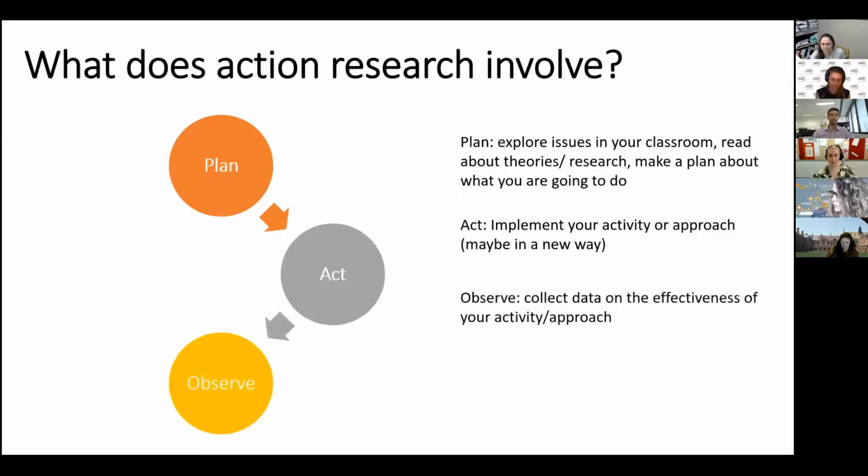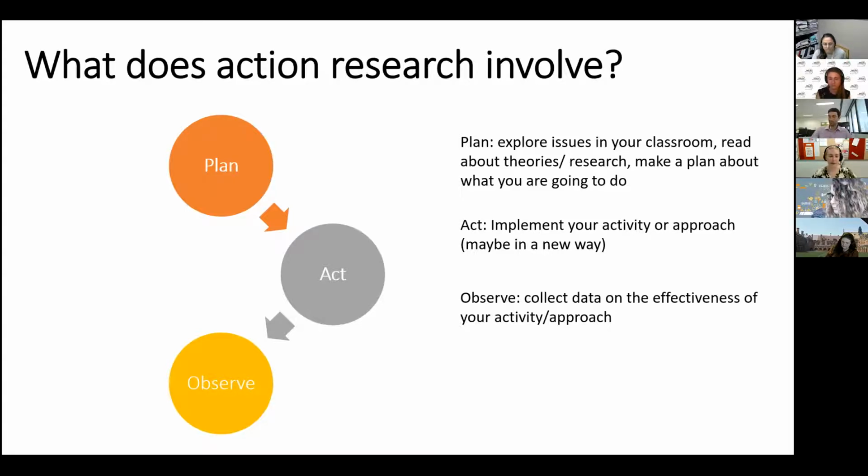So the observation part of this cycle is collecting data on the effectiveness of your activity or approach. And so he decided to use questionnaires. He collected demographic data about his students. He also interviewed them, both in the middle and at the end of the cycle.